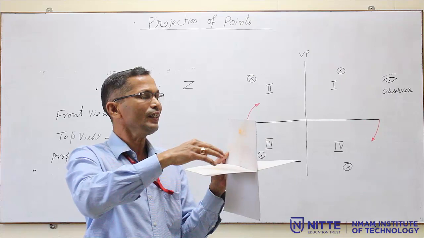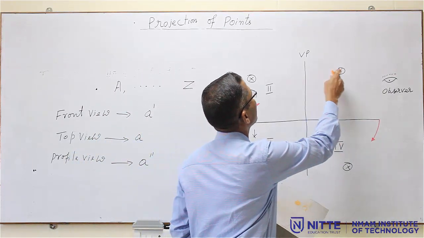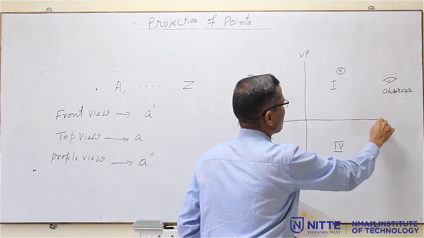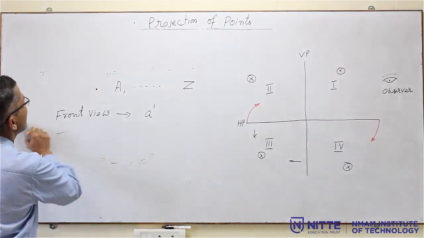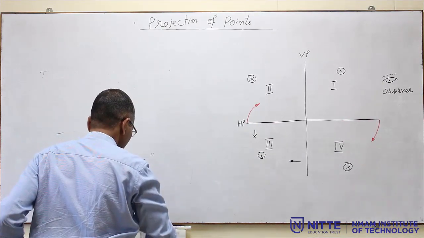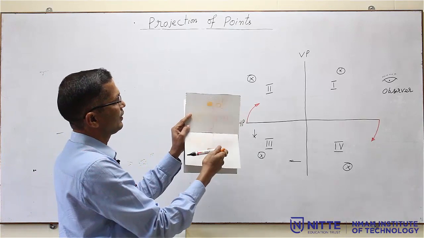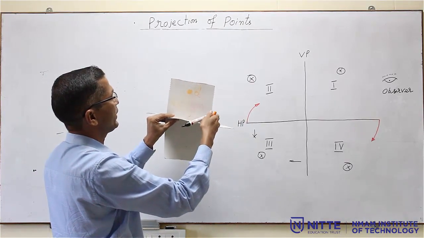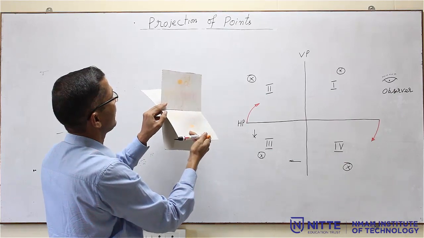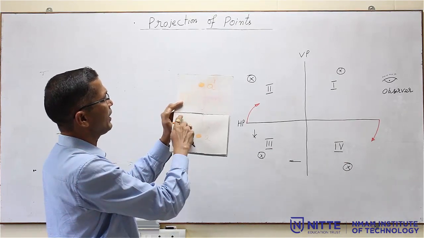So, how do we rotate? If this is the first quadrant, I am going to rotate the HP like this. Now, how does it look? If you rotate like this, the horizontal plane and vertical plane, it looks like a sheet. Then what is this line?